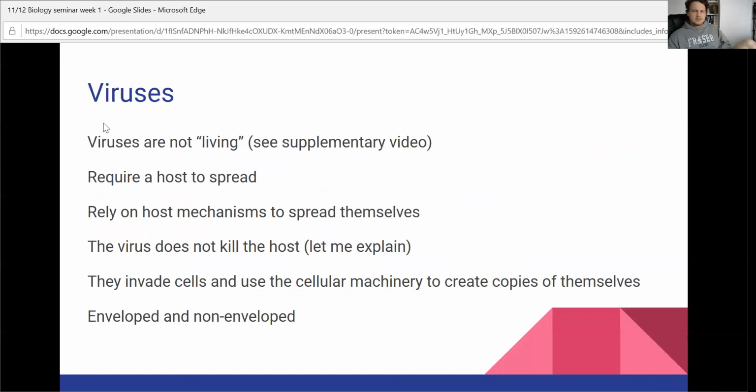So viruses, and I'll put out a video explaining what living and non-living is in this context. They require a host to spread and to survive and to replicate. Without that host, they would not be alive. That's the big reason why they're not considered to be alive. The virus doesn't actually kill the host.